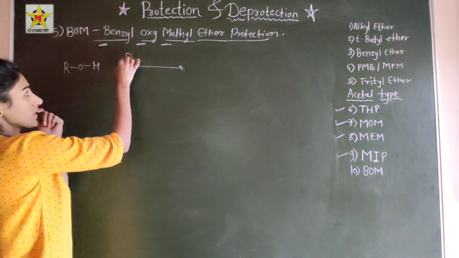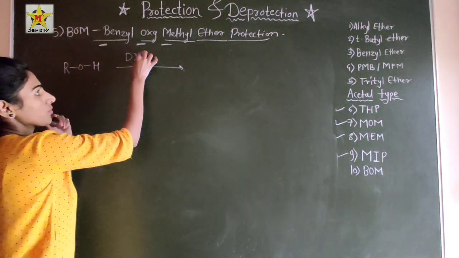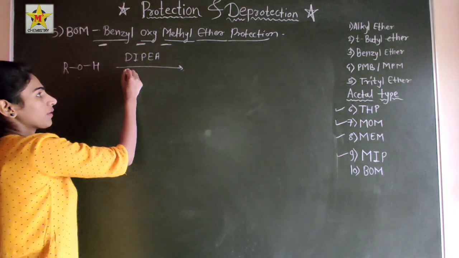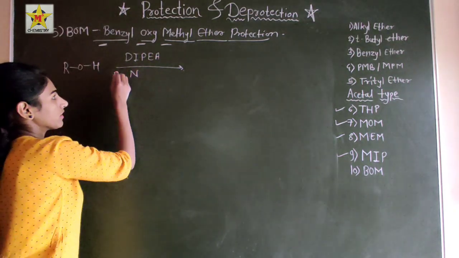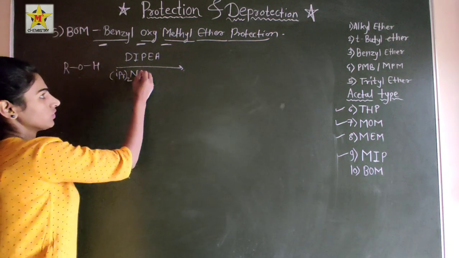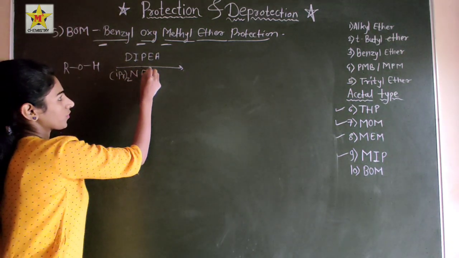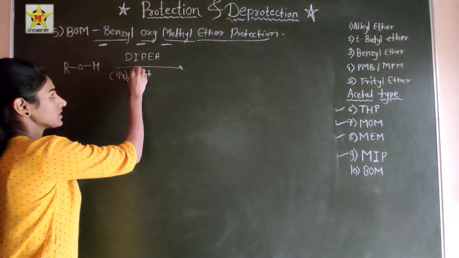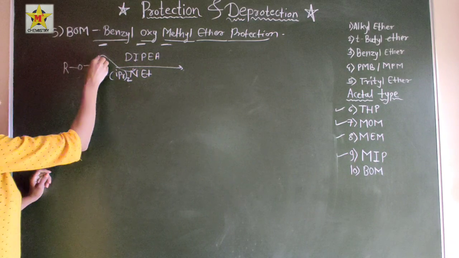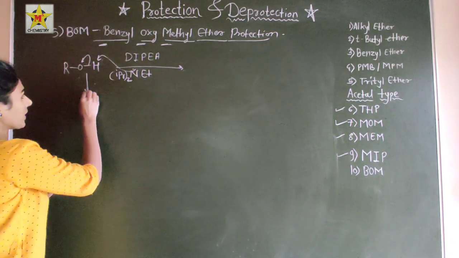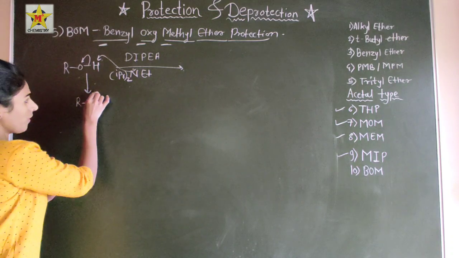Okay, so in BOM protection, ROH in presence of base diisopropyl ethyl amine, NiPr2Et. This nitrogen lone pair will abstract this hydrogen atom and it will become RO minus.